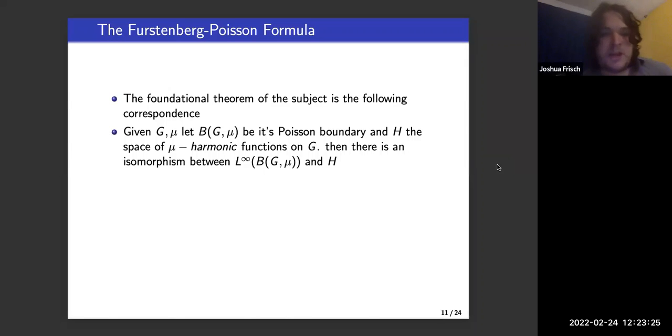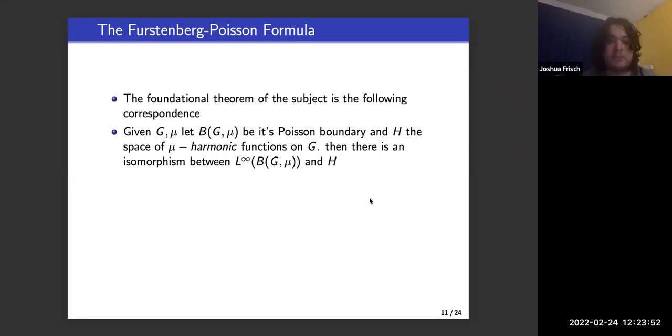So the key theorem is the following. The Poisson boundary is a measure space with a group action on it. And the bounded harmonic functions are this vector space of functions. A priori, these look like completely different things.